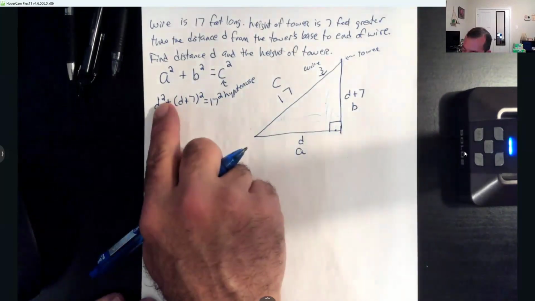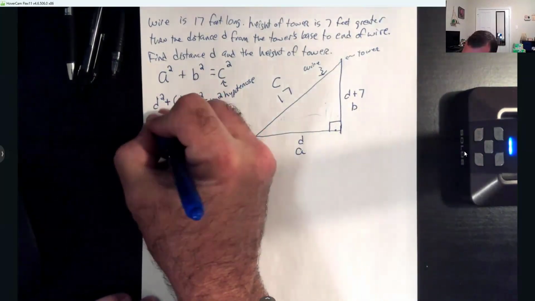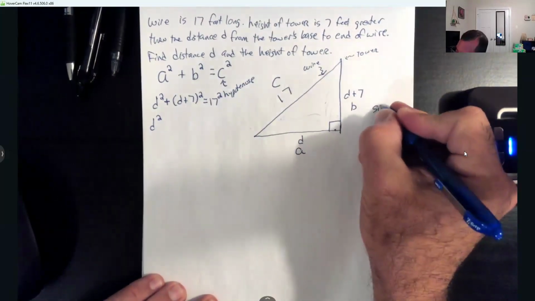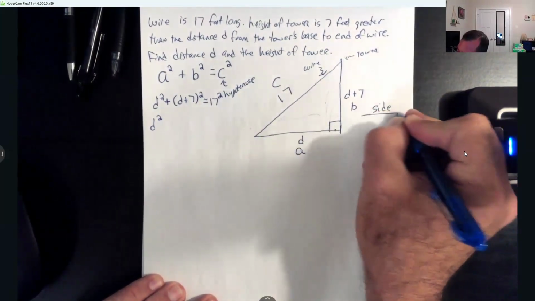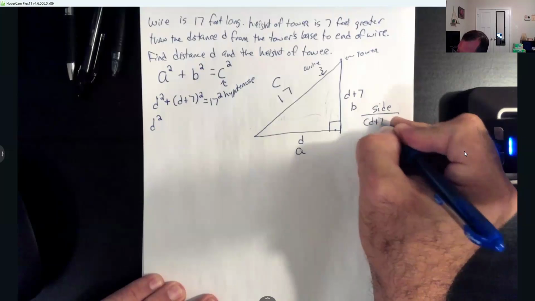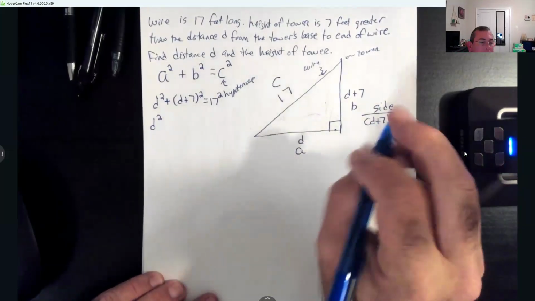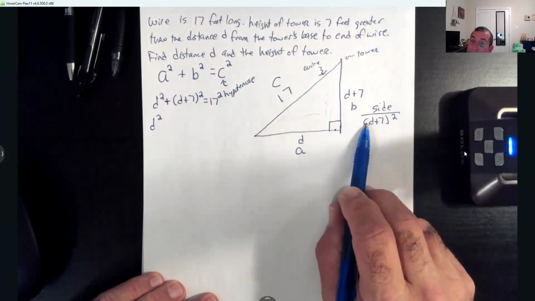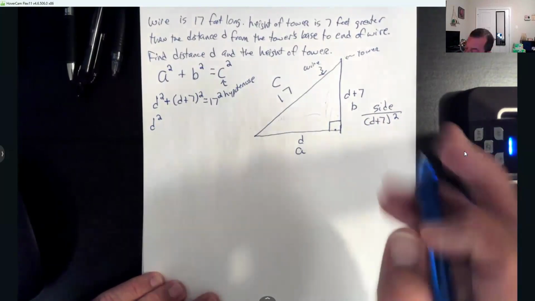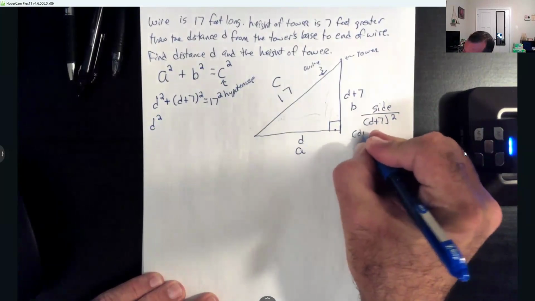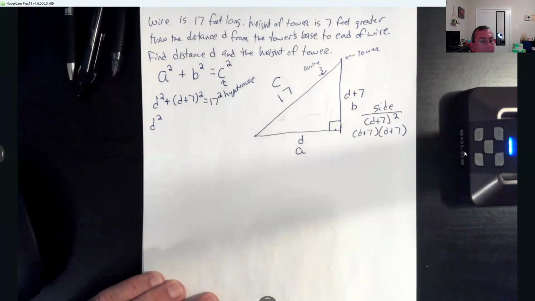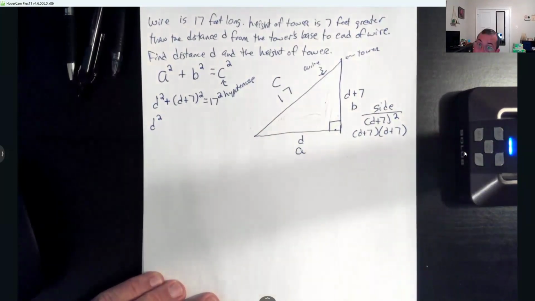All righty, so I can't do nothing with the D squared. I'm bringing that down. But y'all, D plus 7 squared, I'm going to work on the side. Because that does not equal D squared plus 49. When you got a D plus 7 squared, you got to write that twice. And you got to FOIL that.